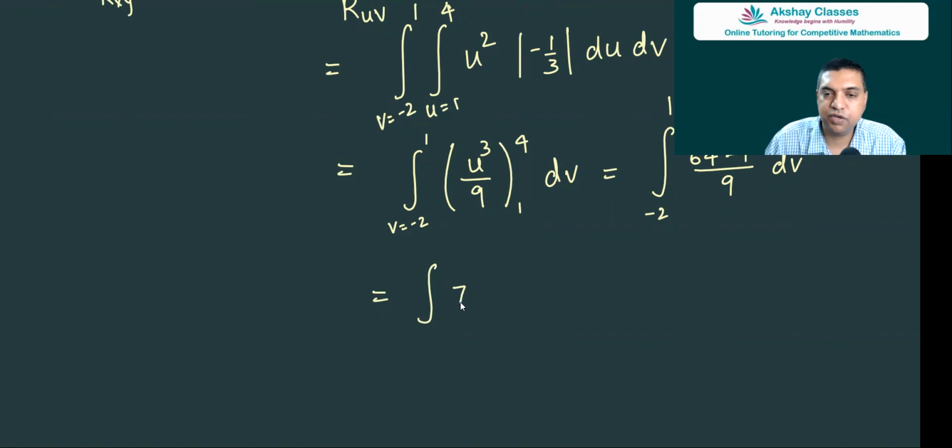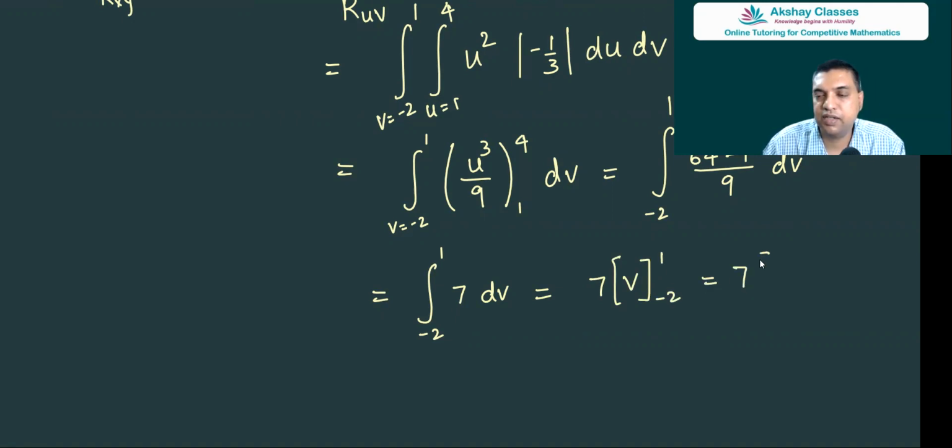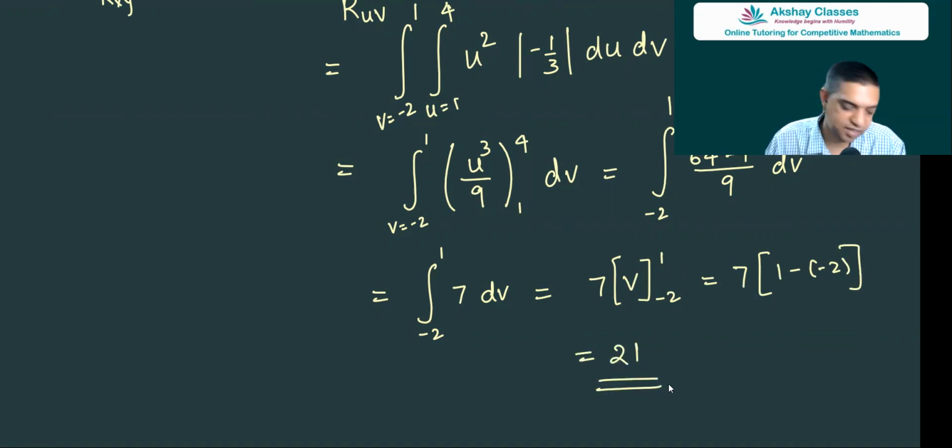So we get integral of 7 dv from -2 to 1, which is 7 times v. Apply the limits, -2 to 1. So 7 into 1 minus of -2. 7 into 3, 21. This is the answer.